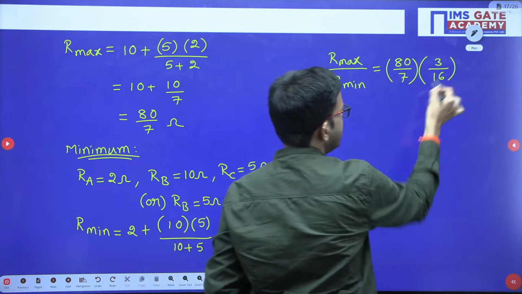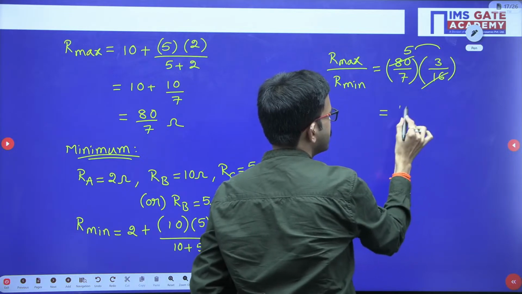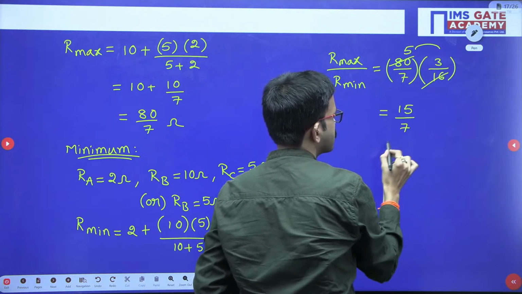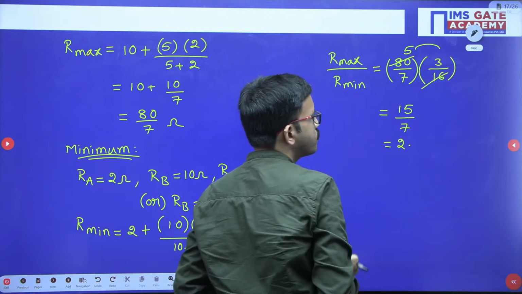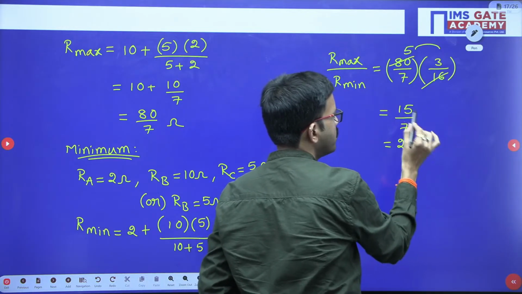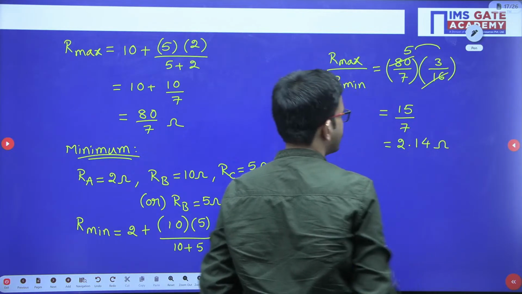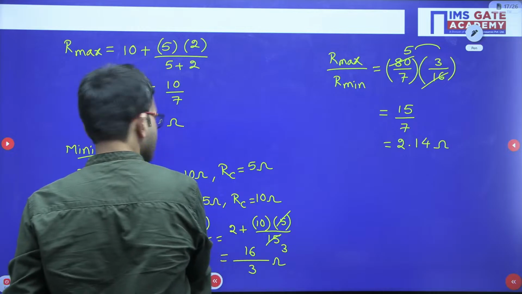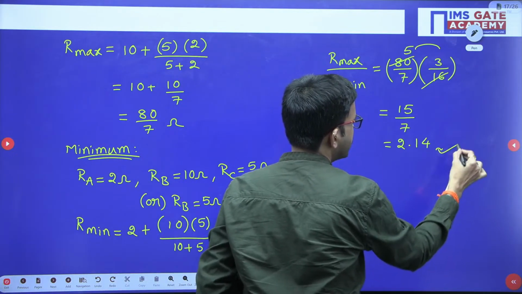So 16 here 5 times. 5 3s are 15 divided by 7. 7 2s are 14, then you will be getting 10, and accordingly you will be getting 1 4. So the value you will be getting is 2.14.